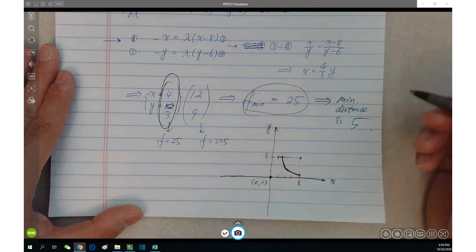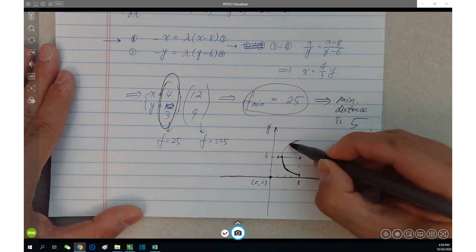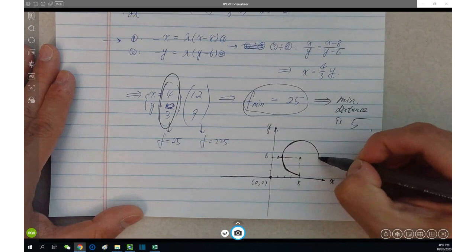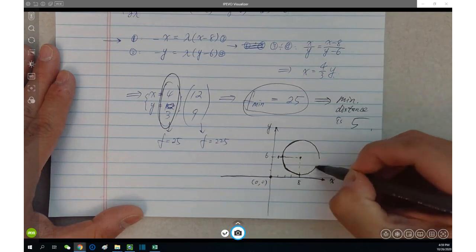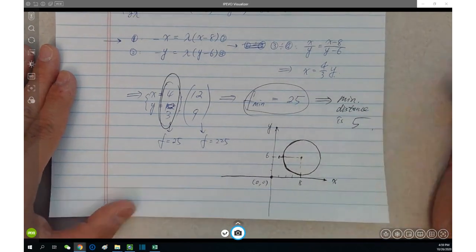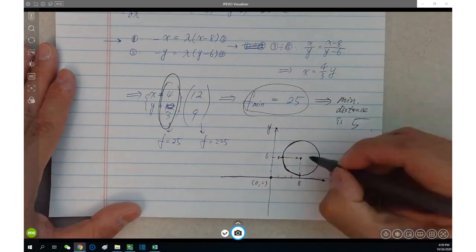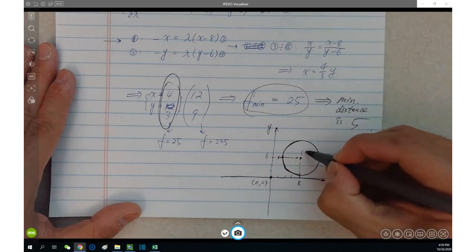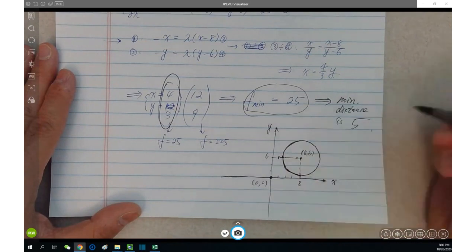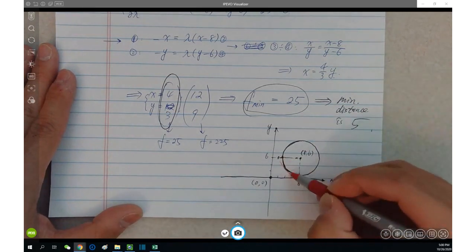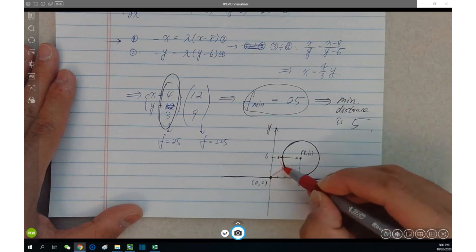Does it make sense? Second quarter. Third quarter. Better look than I thought. Once again, coordinates of the center 8, 6. So the problem is looking for the minimum distance. Well, obviously, you're looking for the one which is perpendicular.